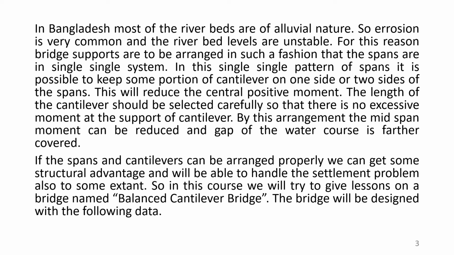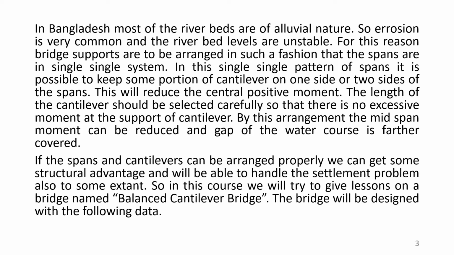Normally, we keep the middle span 1.5 times that of the side spans, and in this way the navigational part in the dry season at the middle portion will be a little bigger, and that will serve the purpose in the dry season also. In this way we will go for this cantilever bridge.